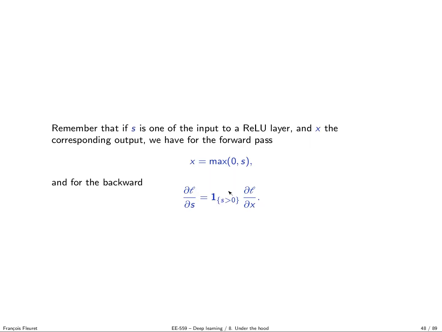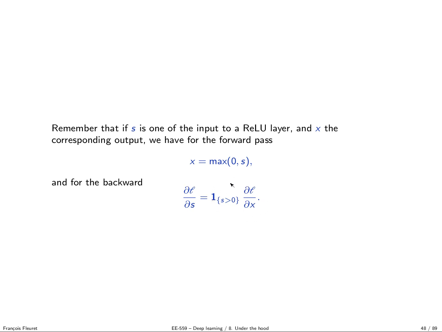So if you do your backward pass, you compute at the end the derivative of, for instance, a unit response or your loss with respect to the final activations you computed. And then you are going back through all the layers. And every time you meet a ReLU layer, if the derivative of the quantity of interest with respect to the result of the ReLU layer is equal to this, then the derivative of the same quantity with respect to the input to the ReLU layer is equal to this.